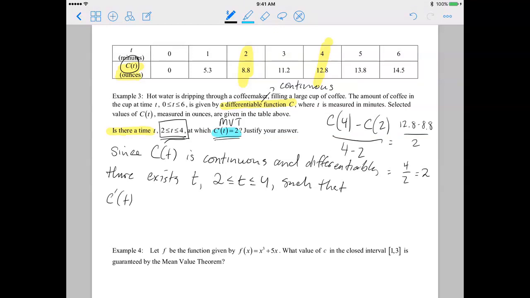C prime of t is equal to c of 4 minus c of 2 over 4 minus 2, which we already calculated was equal to 2.